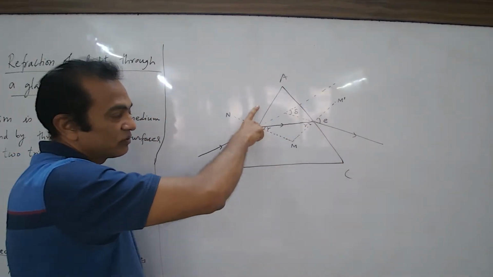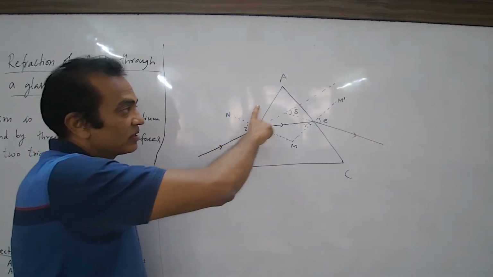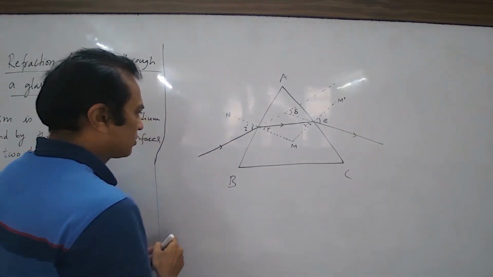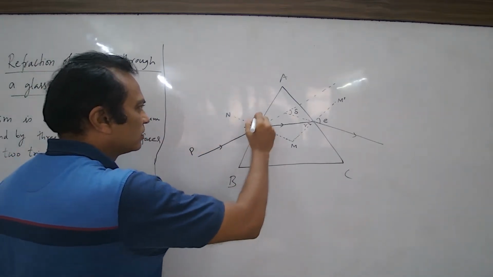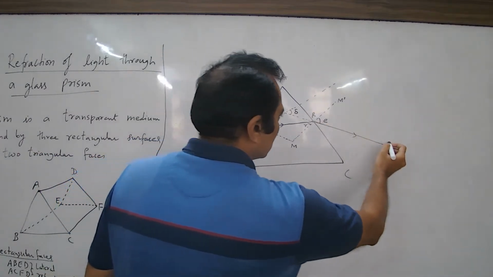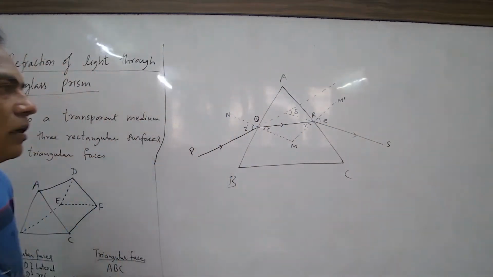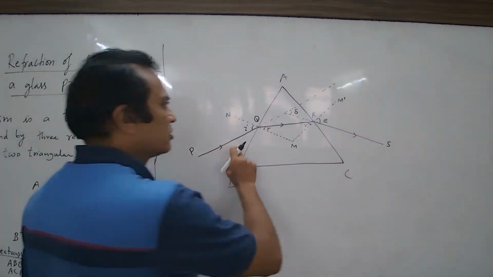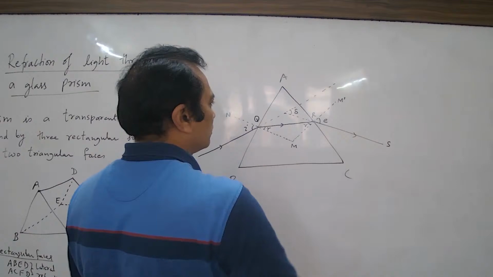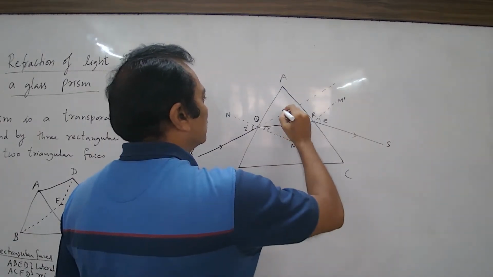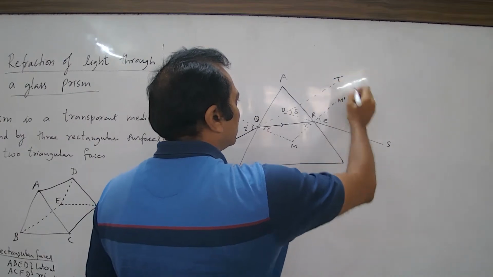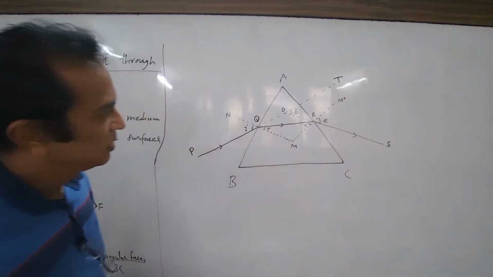So this is the first refracting surface, this is the second refracting surface, and let's call this PQRS. And this is Q. What name should I give? O and T. Okay, have we labeled everything?